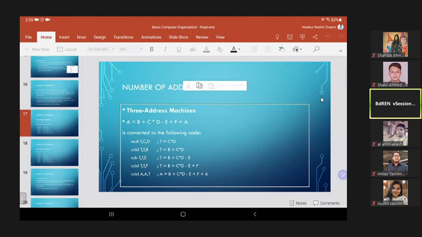In the same way, you can write the third line. We do the plus first, then the minus, then the plus again with F, and then the last one.